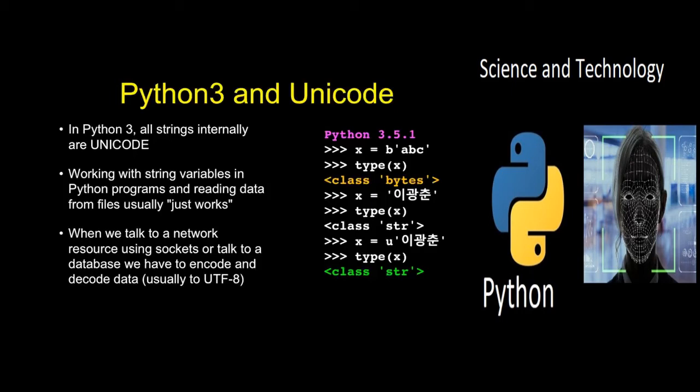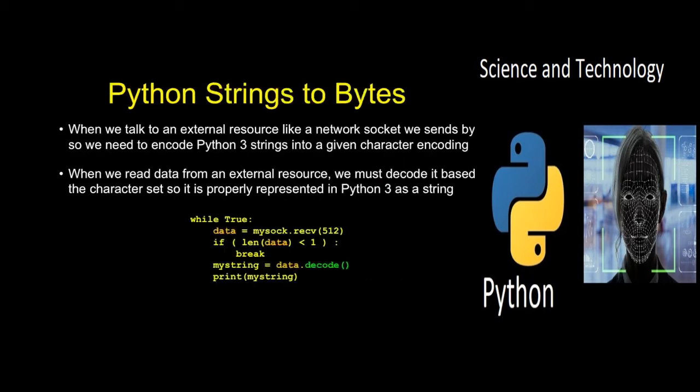And that's why we haven't mentioned it. But now that we're talking over sockets, and we're talking to the sort of random world out there, we have to be a little more aware of the data we're dealing with. Now, the good news is 98% of the time, or 95% of the time, it's UTF-8, which might also include ASCII, and so it's quite nice. But we have to be aware of this.